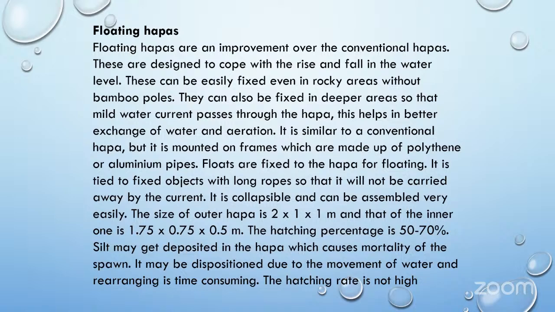It is tied to fixed objects with long ropes so that it will not be carried away by the current. It is collapsible and can be assembled very easily. The size of the outer harpa is 2 x 1 x 1 meter and that of the inner one is 1.75 x 0.75 x 0.5 meter. The hatching percentage is 50 to 70 percent.